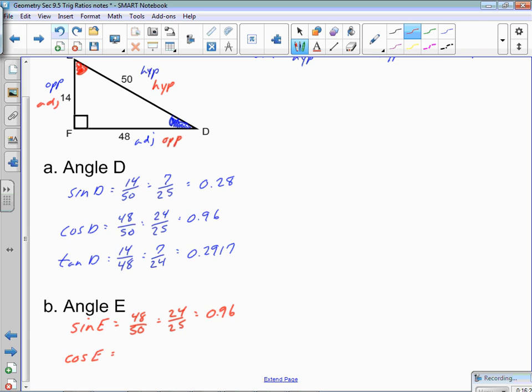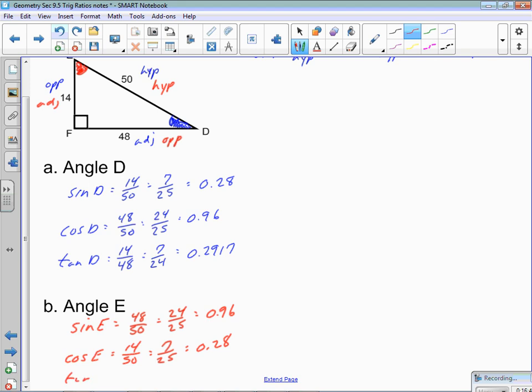Then the cosine of E, the adjacent over the hypotenuse, so 14 over 50, or 7/25, which is 0.28.